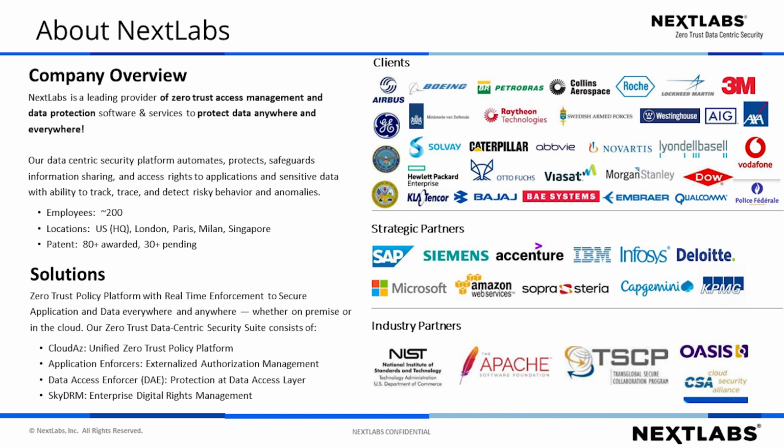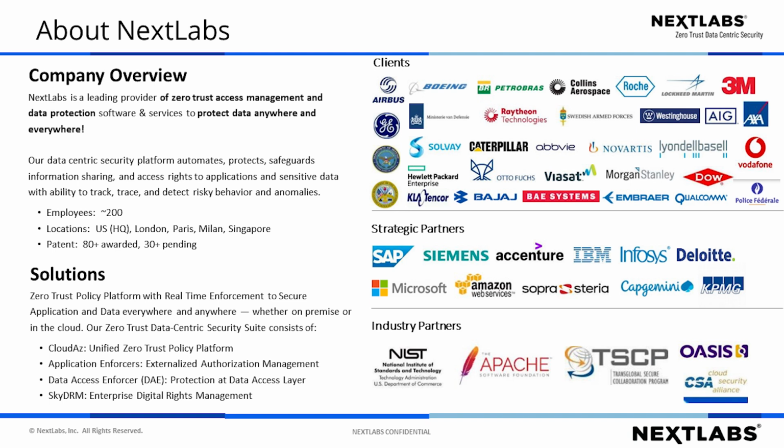We also have a number of strategic partners that we work with to deliver our solutions. In the case here with Boeing, we also work with Accenture on this project. And then we also have a number of industry partners like NIST, for example, where we have worked with them to help develop standards and move the general industry to adopt higher data security standards.